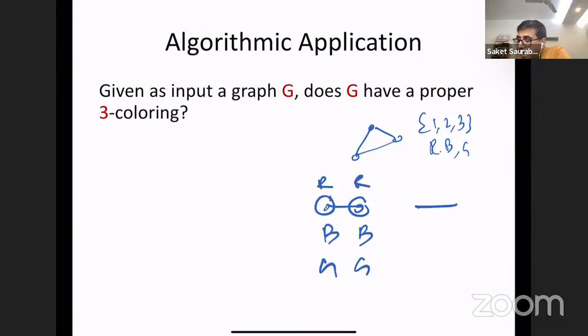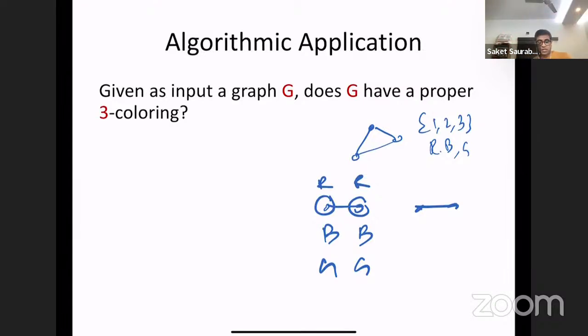That is, every edge is non-monochromatic, or otherwise for every edge, the endpoints get different colors. So my objective is, can I color the vertices of my graph with 3 colors so that no edge has endpoints with the same color.